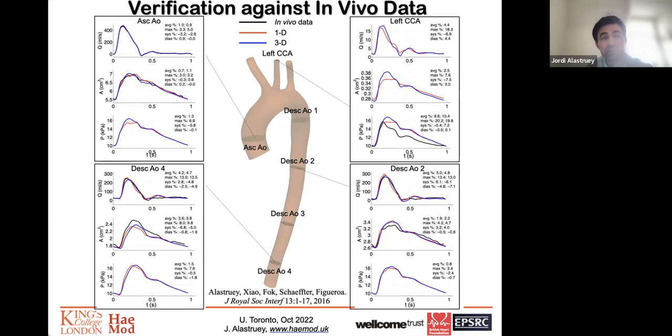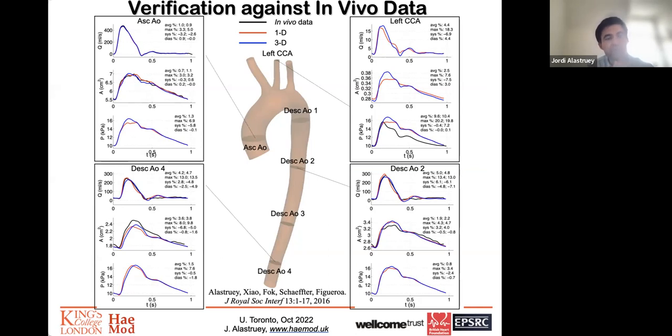And it's also important to know that 1D model errors for pressure and flow pulse wave were similar and almost identical in some cases to those obtained using 3D modeling, which are shown in blue. So for both 1D and 3D modeling, we obtain average relative errors smaller than 7% between simulated and in vivo flow and area waveforms.